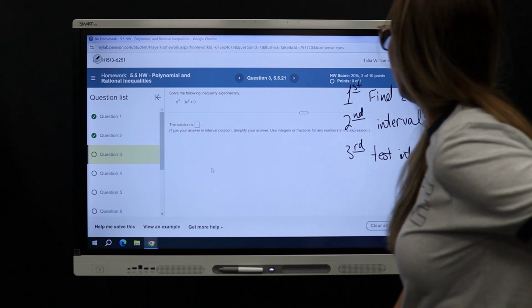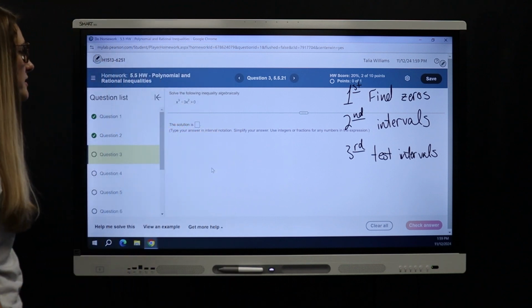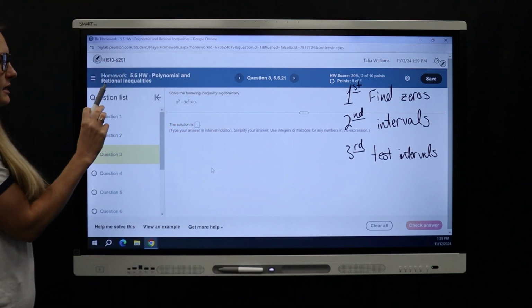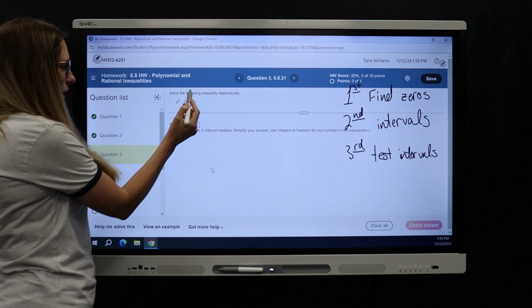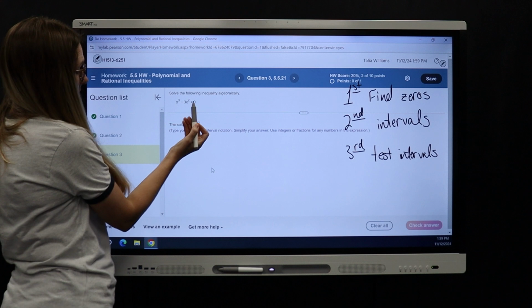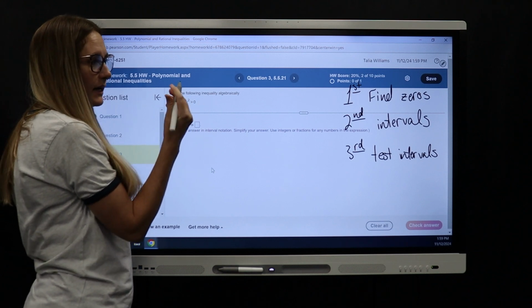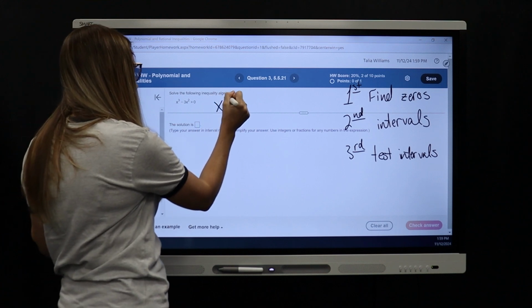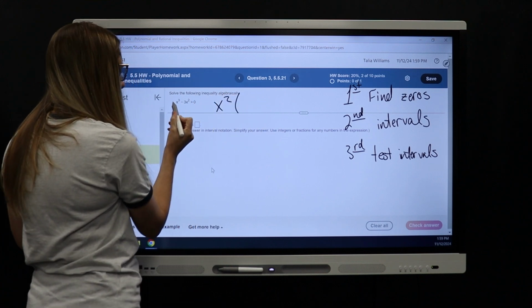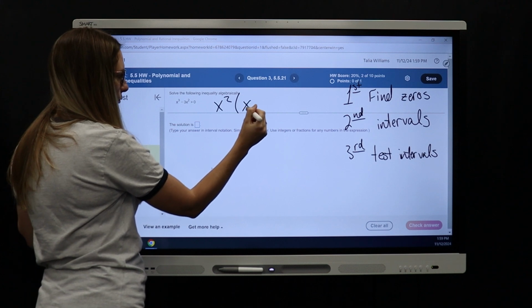Alright, first thing we do is find our zeros. So this one isn't broken apart into our factors like our other one was, so we're going to factor it. x cubed subtract 3x squared. What we can take out of x cubed and 3x squared is x squared. When I take 2 x's from x cubed, I end up with 1x.